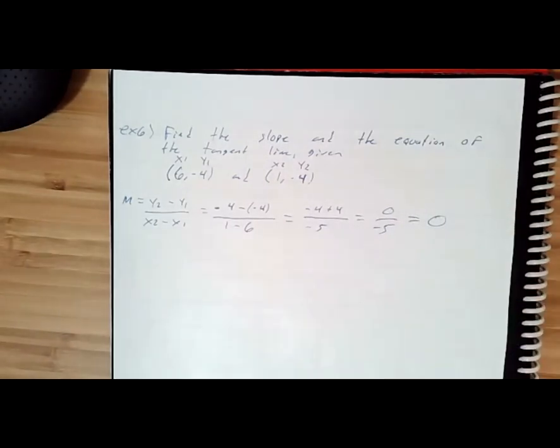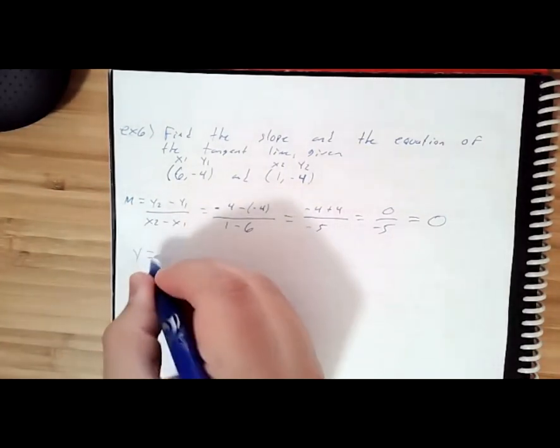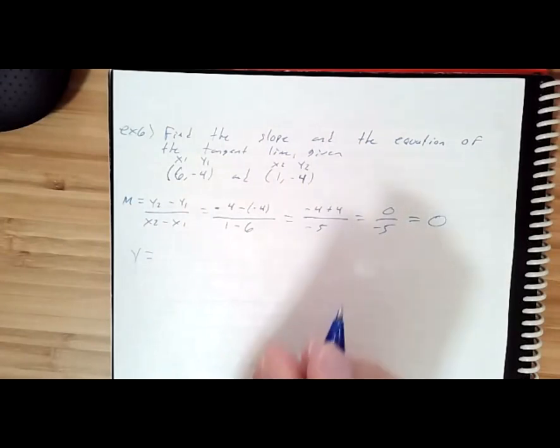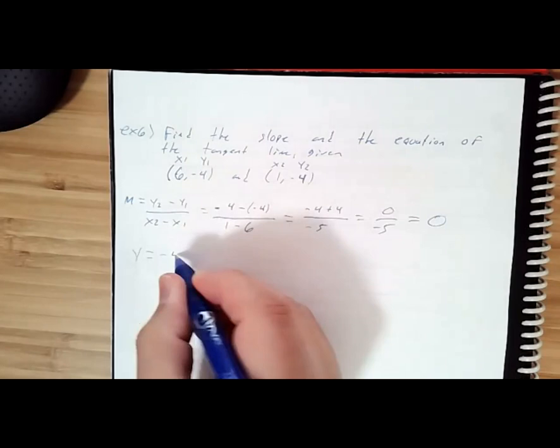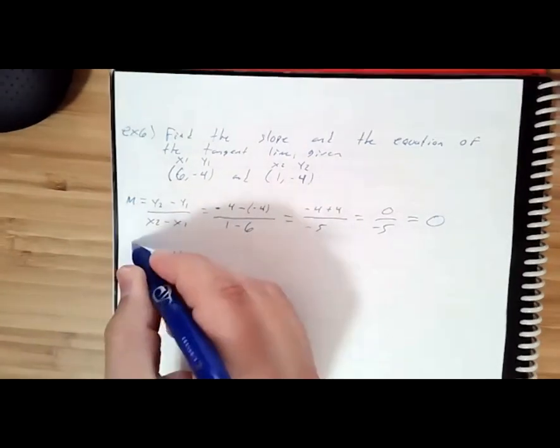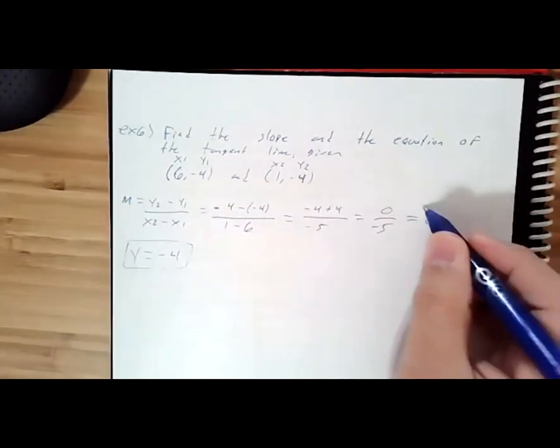So the slope is 0, which means the equation is just going to be y equal to a horizontal line at -4. So that's the equation of the line, and that's the slope.